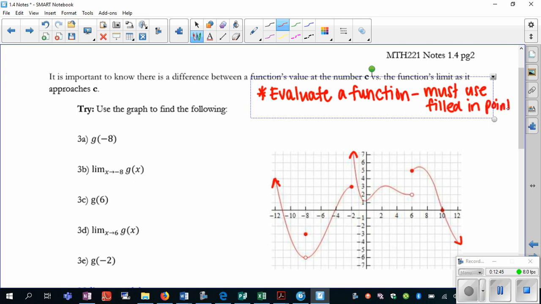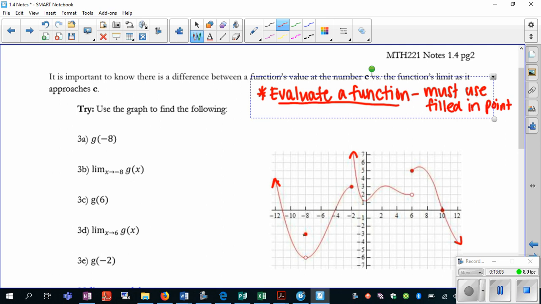Or basically any part of the curve here, anything on that curve is considered filled in. So when I'm evaluating a function, if I go to -8, I need to actually use this point here, not the open circle, because the open circle represents that it's undefined at that point.